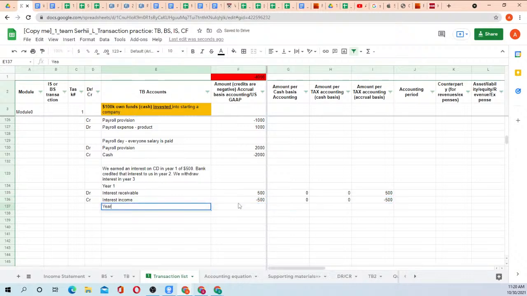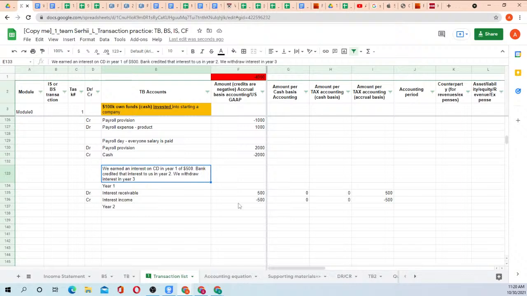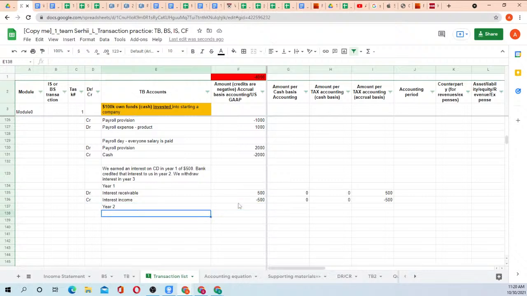Year 2. We do not. I would say that when we got that interest available to us, we debit cash 500, we credit interest receivable 500.